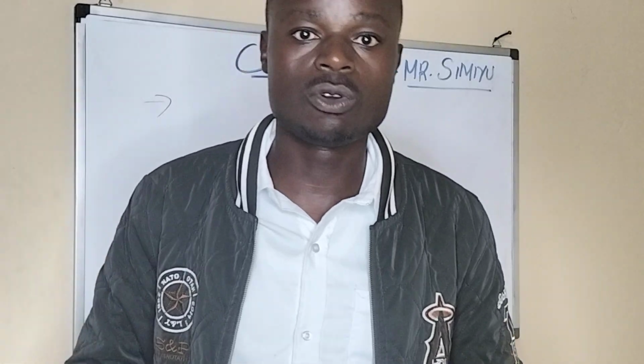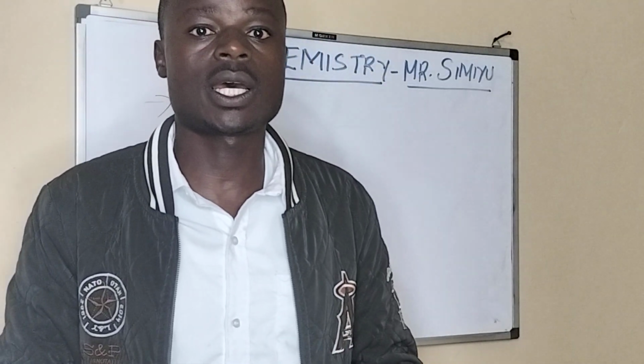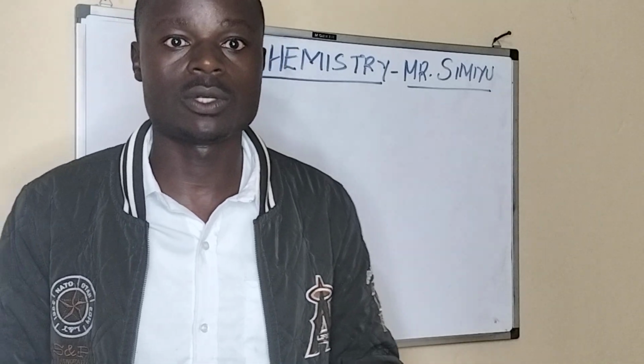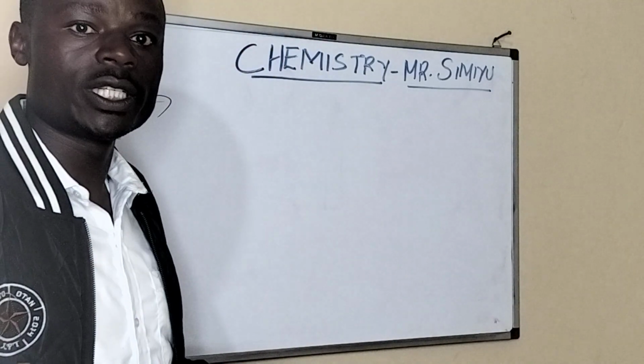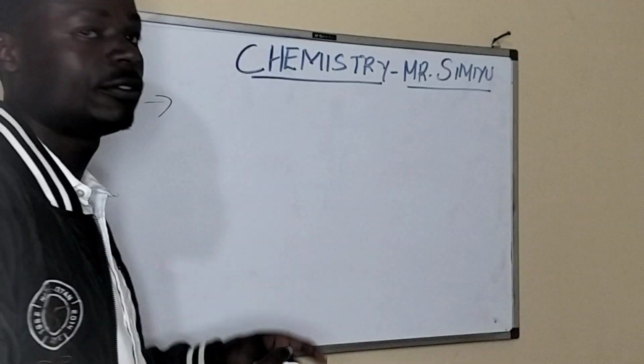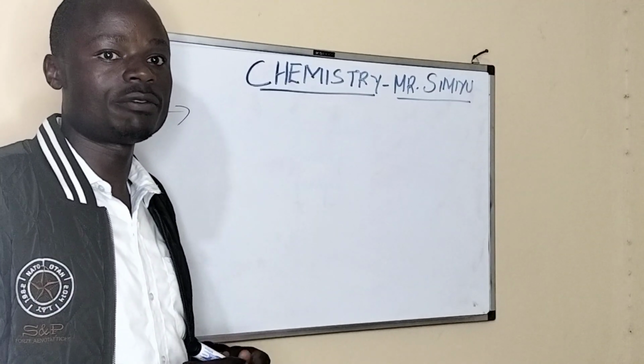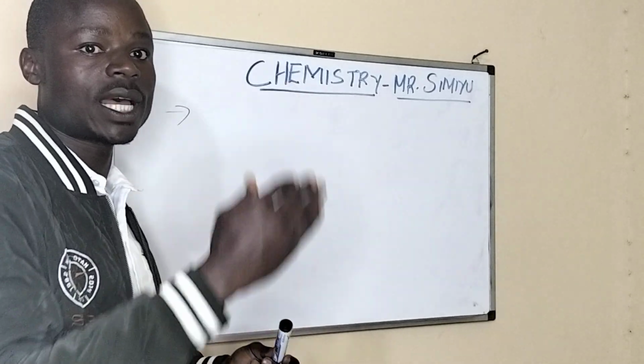Today we are going to go through chemistry about the periodic table, and I think you are going to enjoy my lesson. Welcome. In the periodic table, we have said that we have periods and groups. Those elements have been arranged in rows and columns.